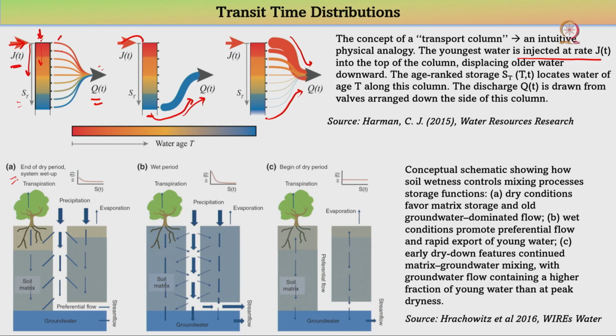As soon as there is precipitation, it goes directly, it can go through the soil, it goes through the leaf system and the tree system and everything. It gets stored into the soil layers. That again preferentially goes down to the groundwater, gets stored into the groundwater, and there is some flow into the river, which is coming out as stream flow.